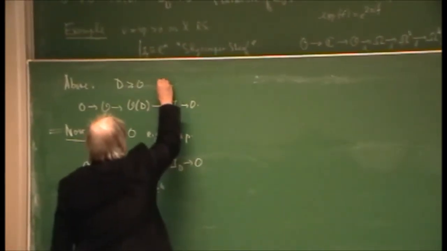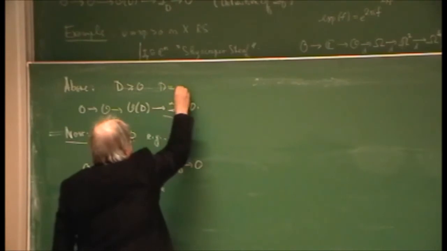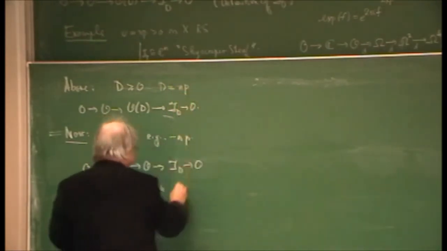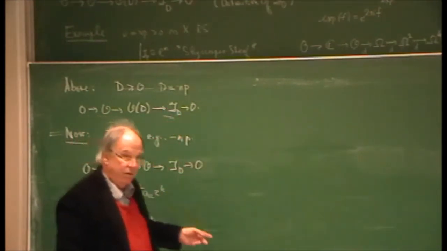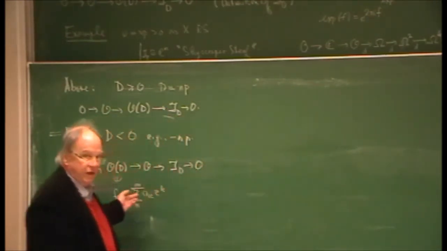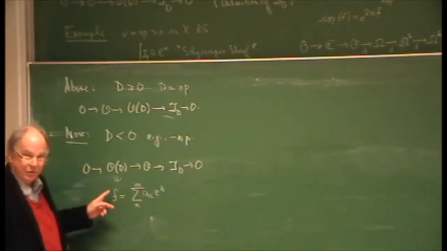Say here D equals NP, and here D equals minus NP, you will get absolutely the same sheaf. It's just that the exact sequence gets turned around, and it really is important that it gets turned around. Okay?